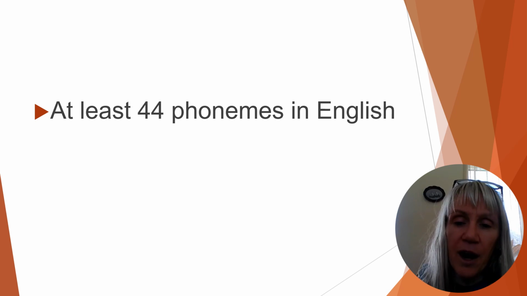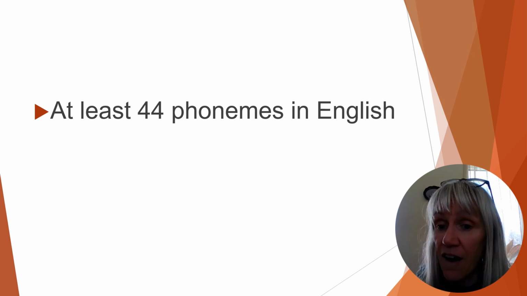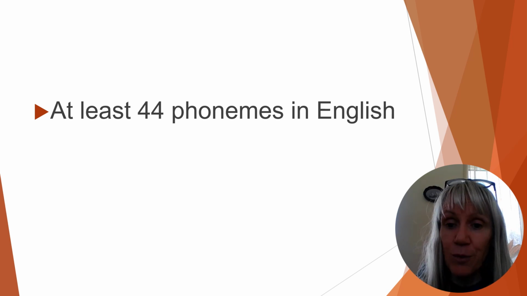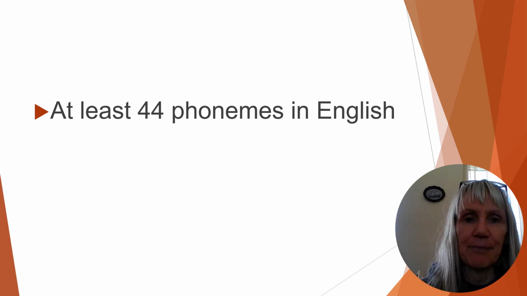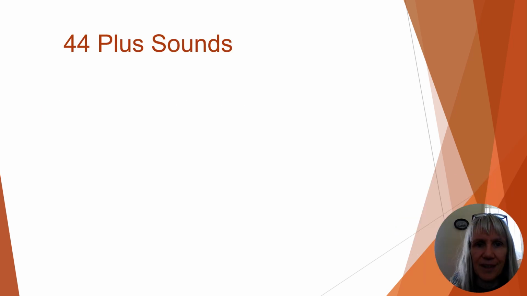So though there is a commonality between all English language speakers when it comes to certain phonemes, there may be some differences as well, and I want you to be mindful of that. There are at least 44 sounds heard in English.